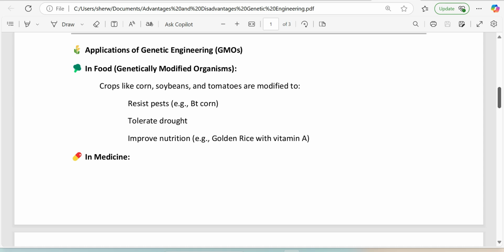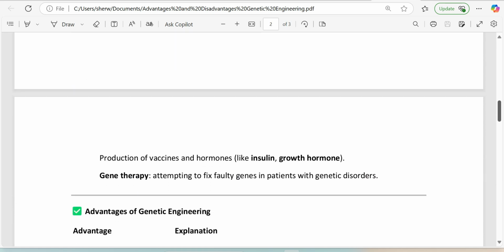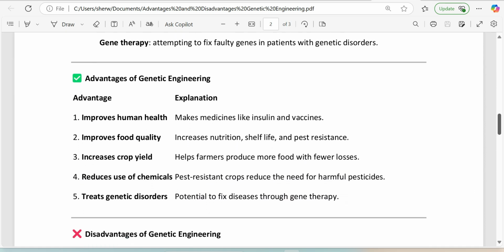In medicine: production of vaccines and hormones, like insulin and growth hormone, and gene therapy, attempting to fix faulty genes in patients with genetic disorders. Advantages of genetic engineering. 1. Improves human health: makes medicines like insulin and vaccines. 2.